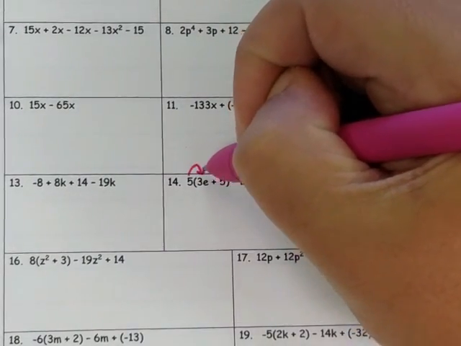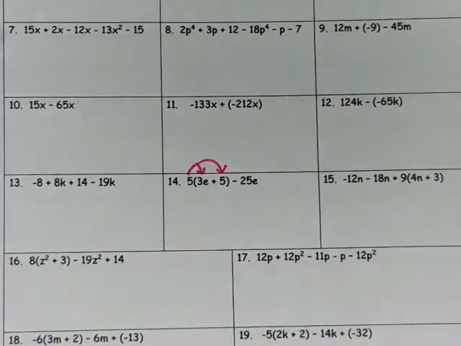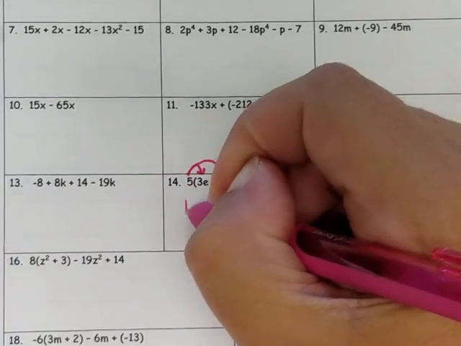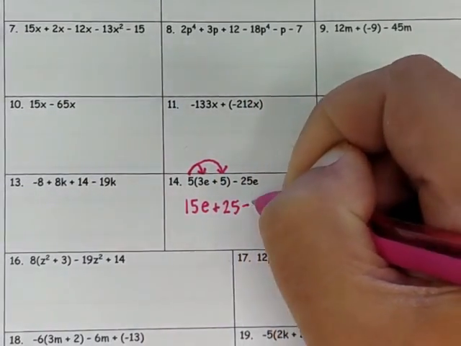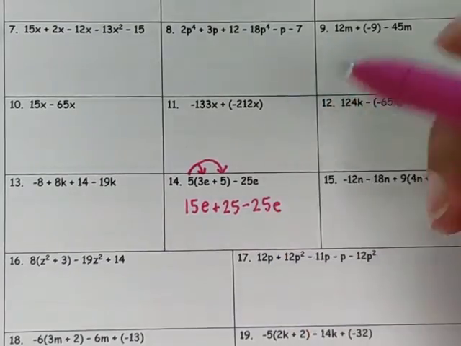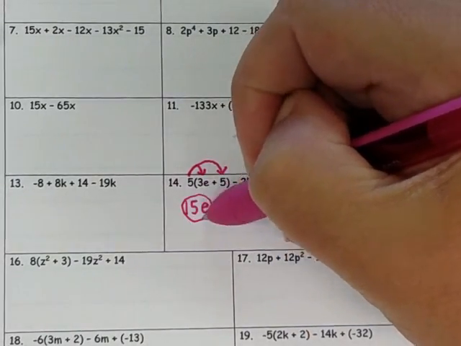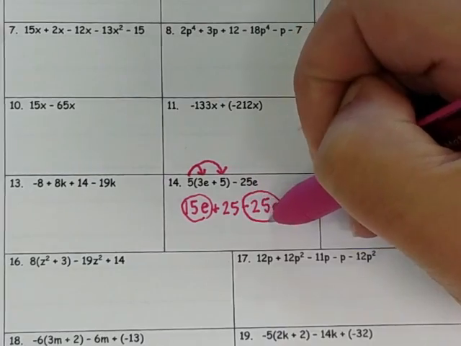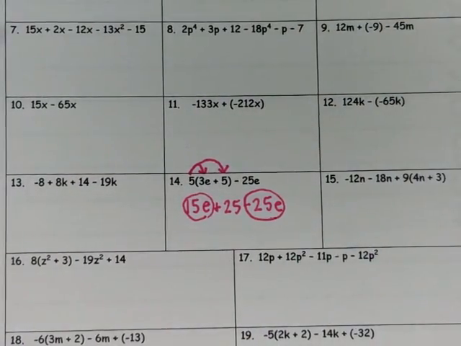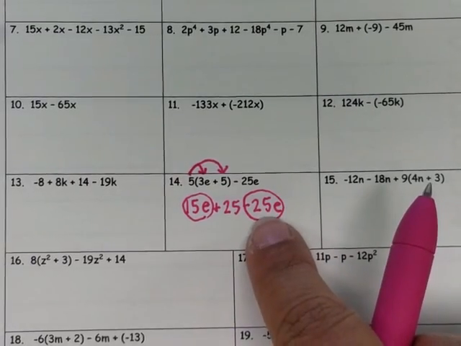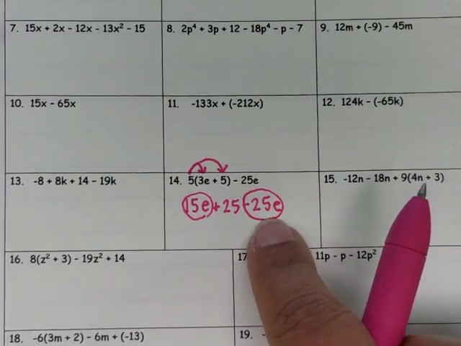So 5 times 3e and then 5 times 5. So this gives you 15e plus 25 minus 25e. Let's circle any like terms that we have. And then did you guys notice how I circled the minus sign with it? That's so that I know that this 25e is actually being subtracted.